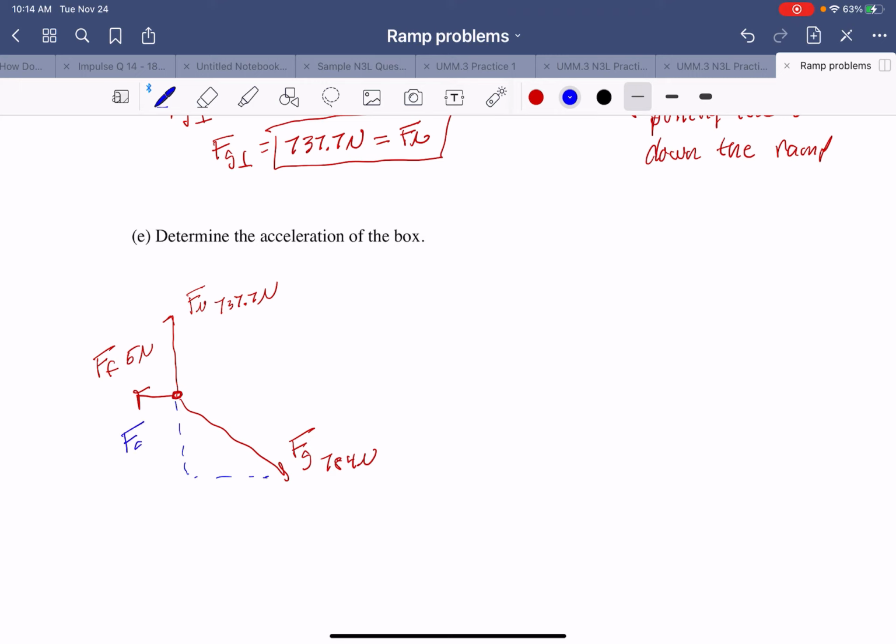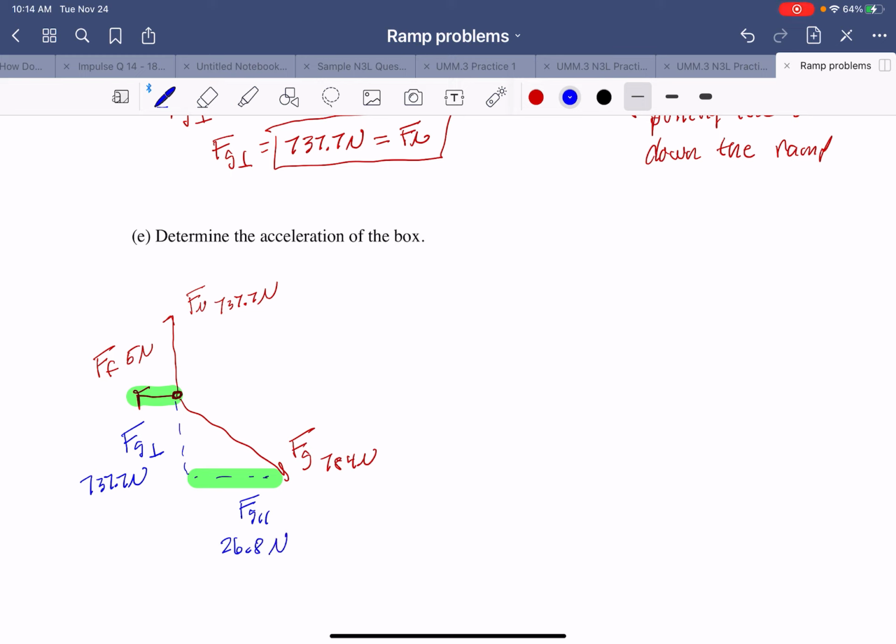My gravitational force perpendicular is 737.7 newtons. Remember, those two are balanced. The gravitational force perpendicular to the surface and the normal force are both perpendicular to the surface. But what is not balanced are these two forces, the friction force and my parallel gravitational force. Those are unbalanced. That is what is making my object accelerate.